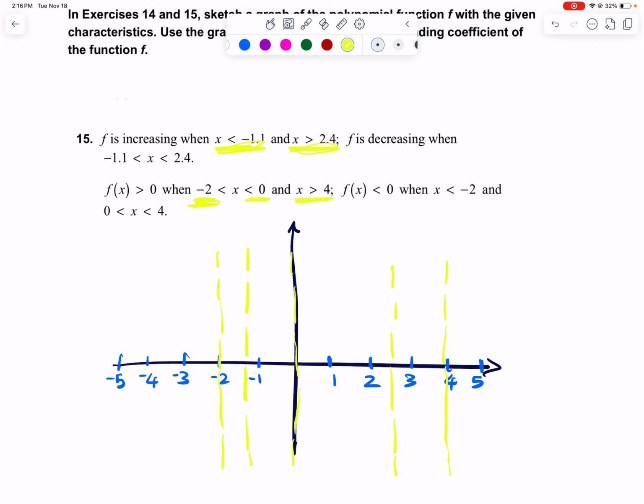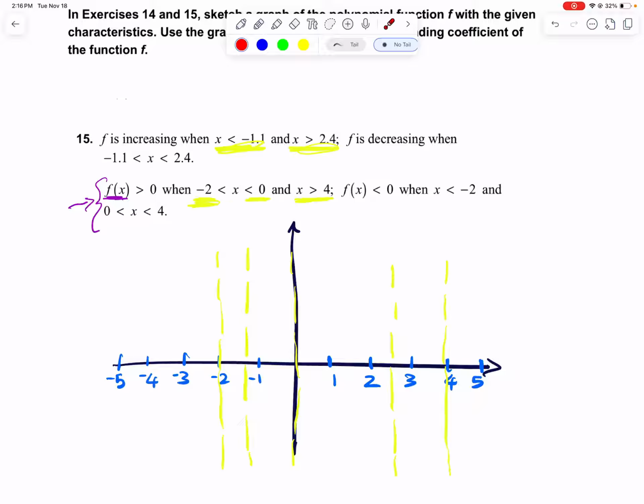The first thing that I would focus on here is our x-intercepts. To figure out our x-intercepts, this is what is going to help us. We know the function is greater than 0, which means above the x-axis, when x is between -2 and 0.